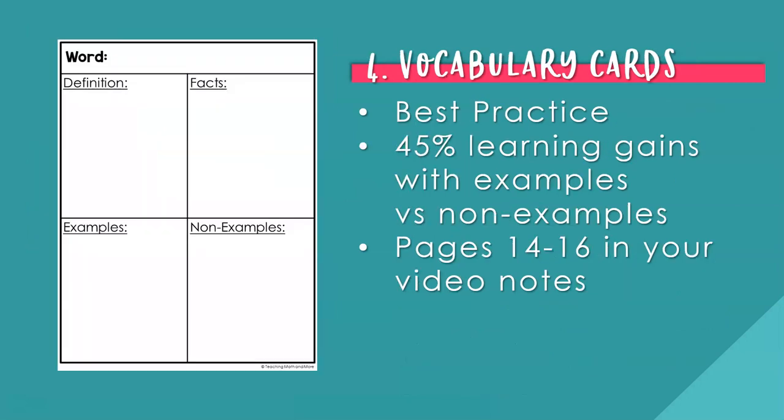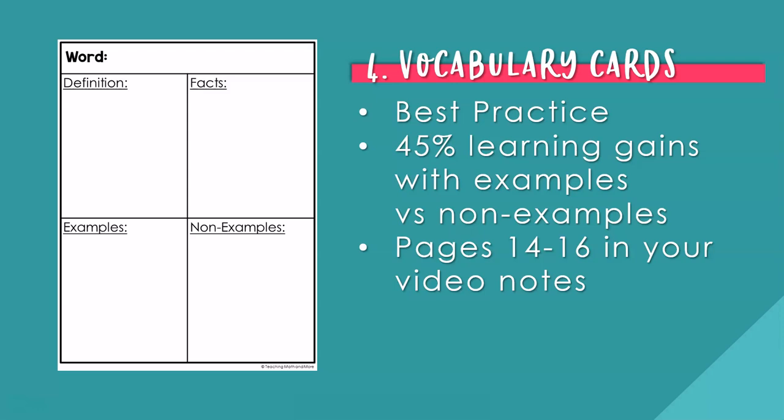Number 4, math vocabulary cards. A question I often get from teachers is, what's the best way to practice math vocabulary? The answer is very simple, with a tool that works, and that's called a vocabulary card using the Frayer model. Kids write the definition in their own words. They list facts about the word and then examples of the math word and non-examples of the word.